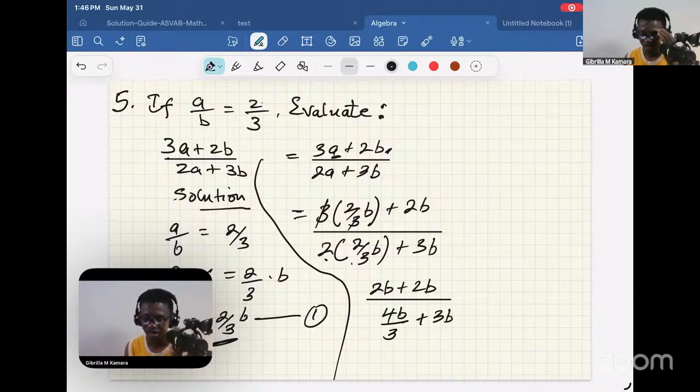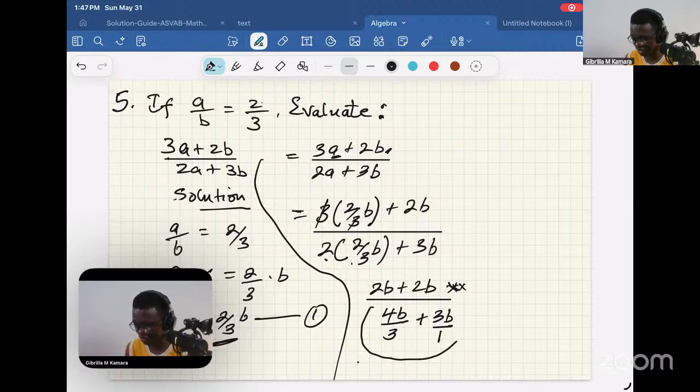Forget about the numerator for now. Let's simplify this one: 4b divided by 3 plus 3b.